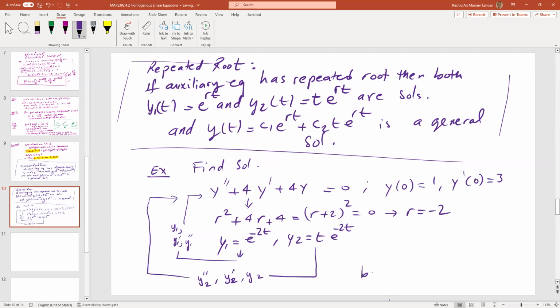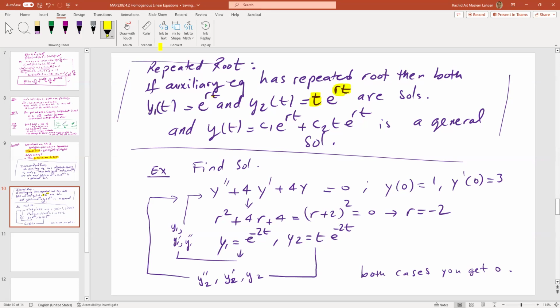In both cases, you get 0, which will prove for you that when it is repeated, putting a function of this independent variable here works.